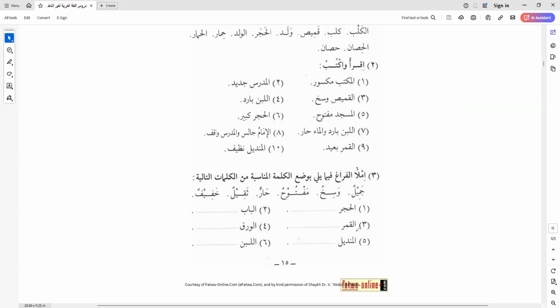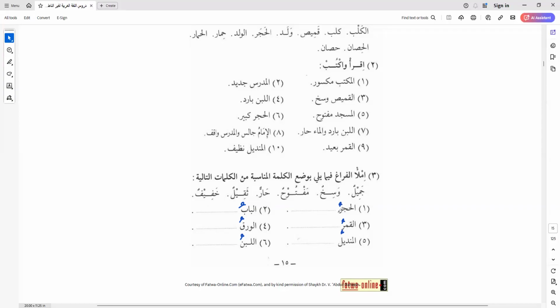And then we have these words: al-hajaru, the rock, al-qamaru, the moon, al-mindilu, the napkin or the towel, al-babu, the door, al-waraqu, the paper, al-labanu. So which of these words can fill in these blanks for it to make very logical sentences?